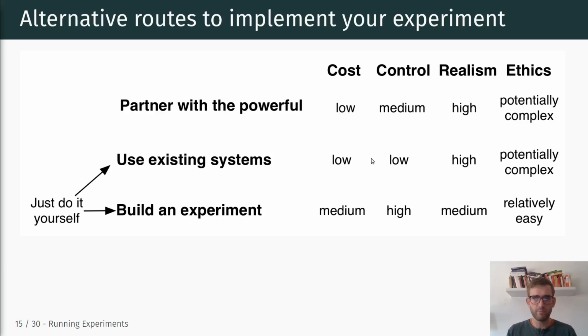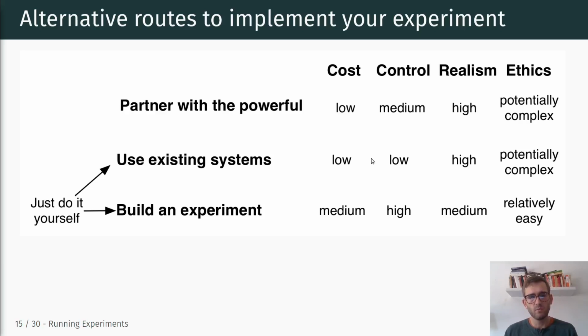So there's a wide variety, but in general, the costs related to implementing an experiment like that are generally higher than the previous two examples. But on the other hand, it gives you a lot more control over the treatment administration, the design of the treatment, and things like that.